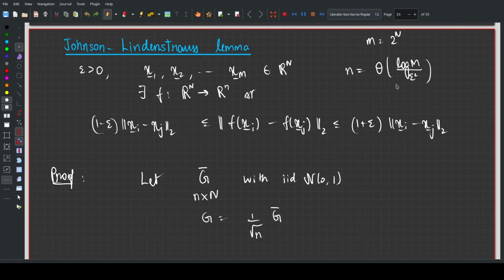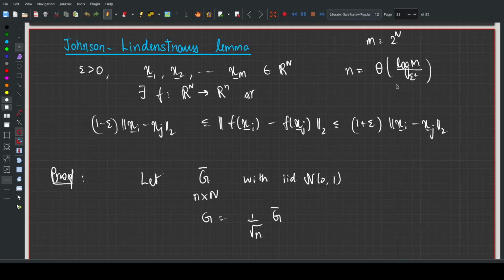So really this entire result is helpful only when m is smaller than exponential in N, and epsilon is some constant or decays at a sufficiently slow rate. It could be some function of m and N, but it's not too small. The results have to be interpreted in that particular form.